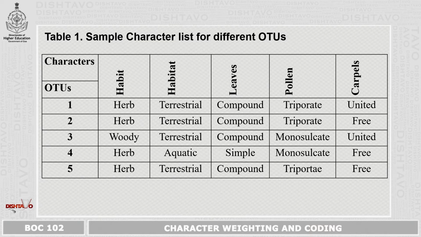Each row will show the different character states for each operational taxonomic unit. OTU 1 will be a herb, whereas OTU 3 is a shrub. Like that you will find habitat. The fourth OTU is an aquatic plant. Like this, in this table you will find all the characters of the selected operational taxonomic units.